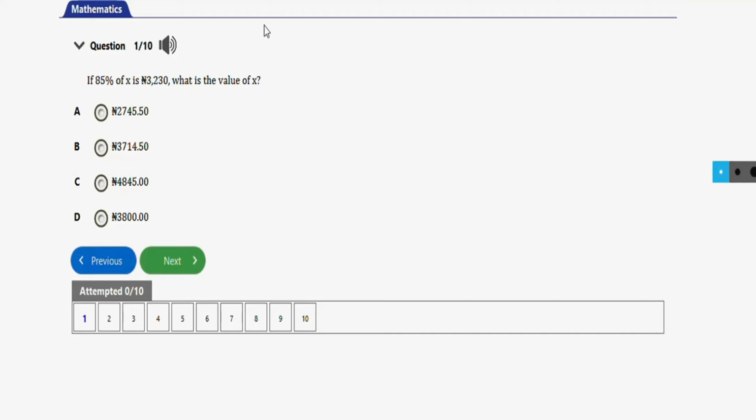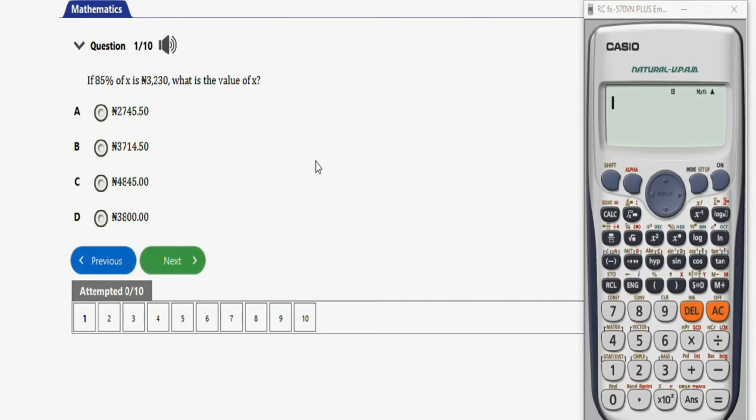Let's bring the calculator and solve question 1, which is very simple. Let me show you how I can represent this mathematically. This question means we have 85% of x, that's times x, is 3,230 naira.